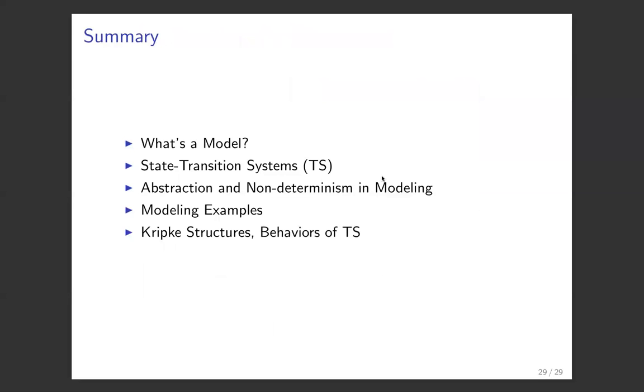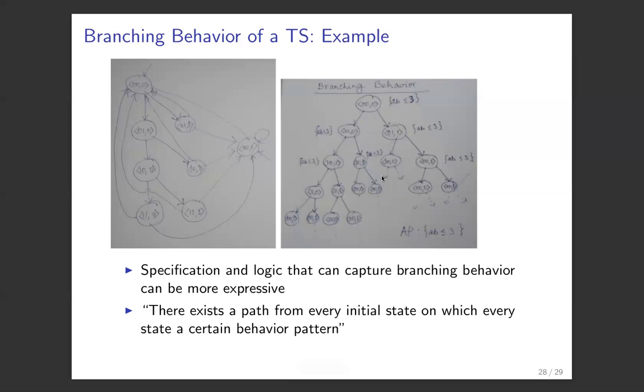Yeah. So far, yeah. Question. This branching behavior, or modeling branching behavior, only makes sense if in our transition system we want non-determinism to be present, right? No. Well, regardless of whether there is non-determinism or not, you can still have branching behavior.